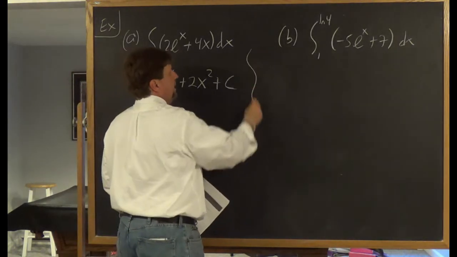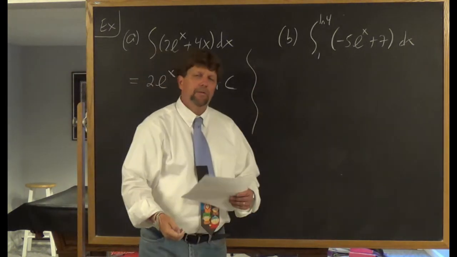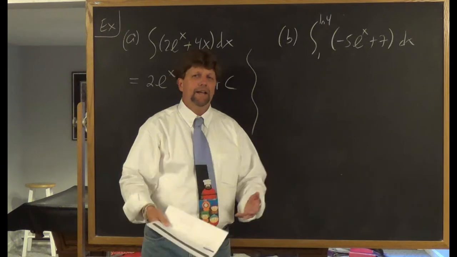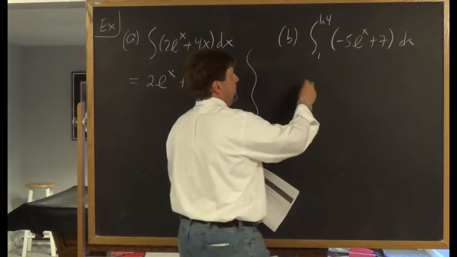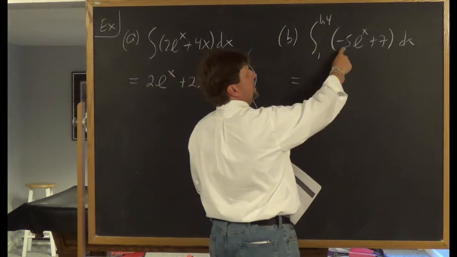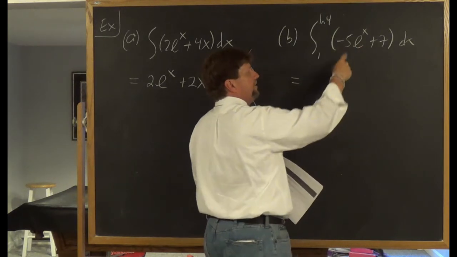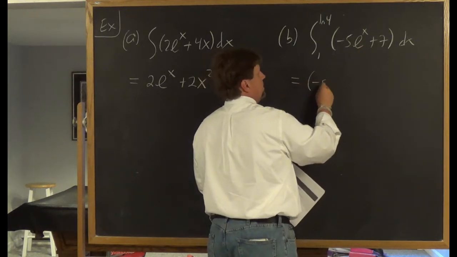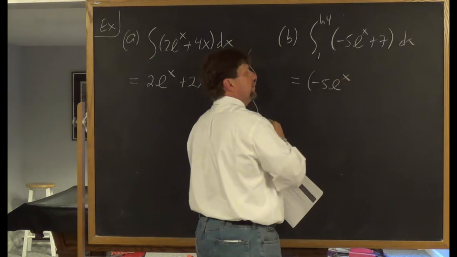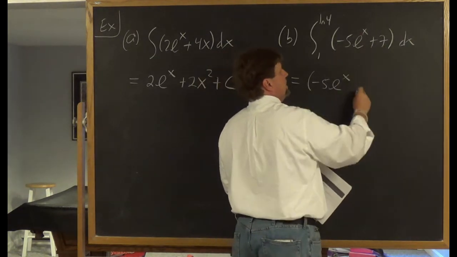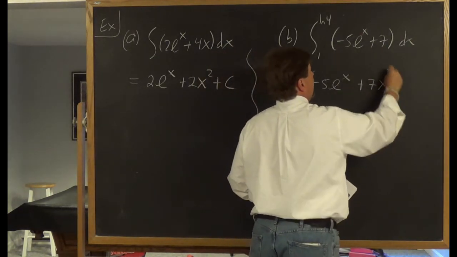Now part B, well, this is a definite integral, but we attack it the same way. Get an antiderivative. The antiderivative for the first piece, negative 5e to the x, is just negative 5e to the x. The antiderivative of 7 is just 7x.